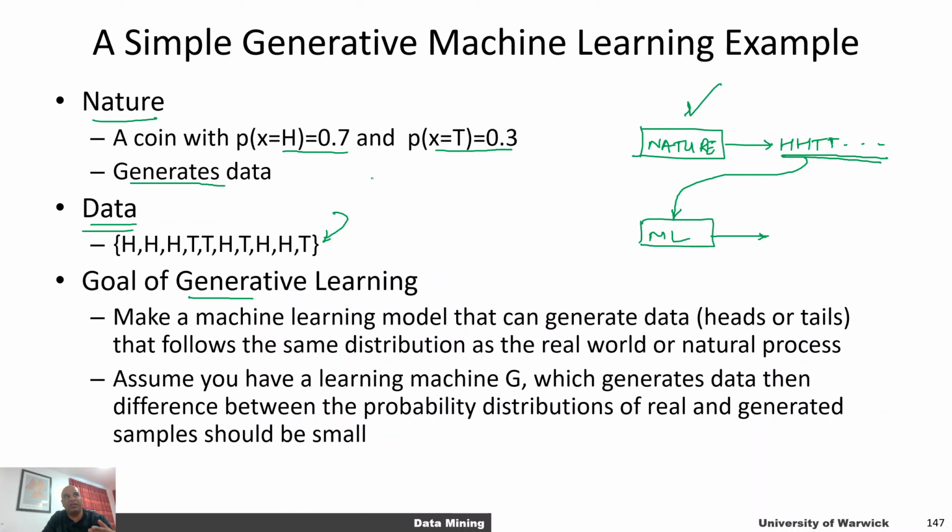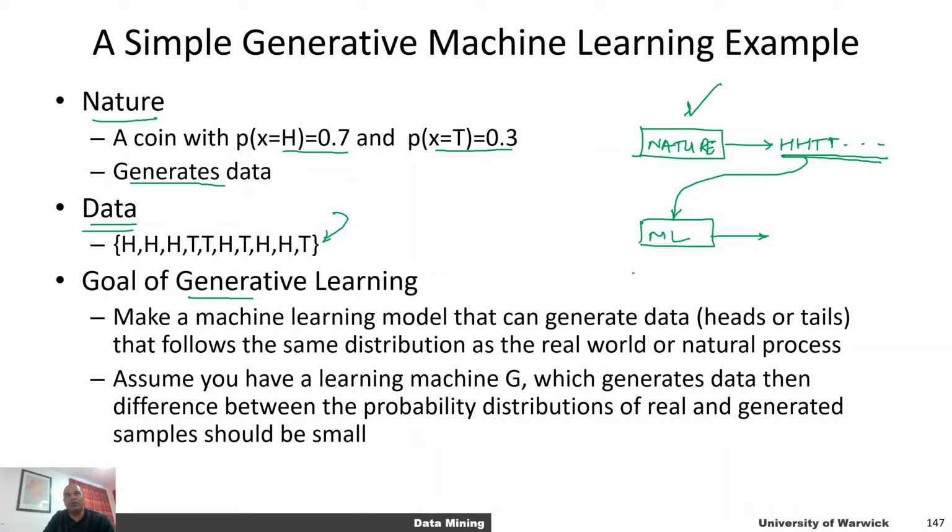So we want to use this machine learning model to generate or imitate a generation of heads and tails, so that you cannot tell whether this data was generated from a machine learning model or from nature. So the goal is to make a machine learning model that can generate data that follows the same distribution as the real world or natural process.